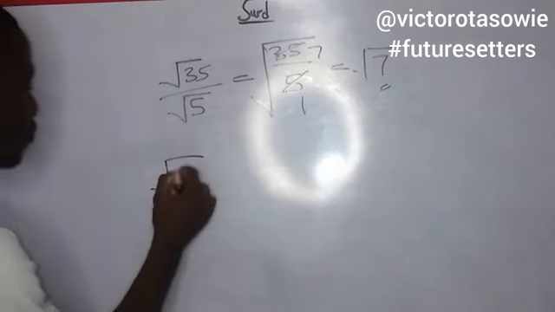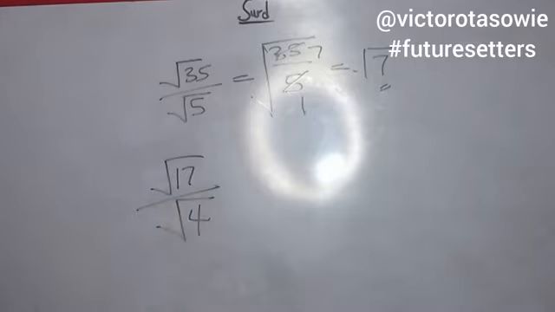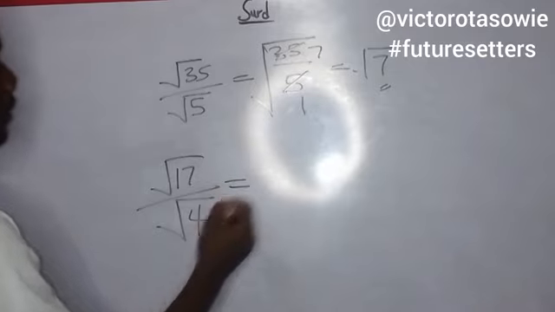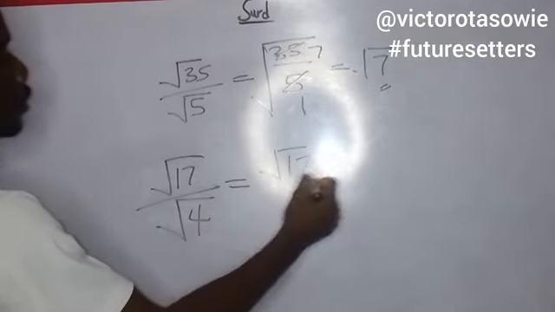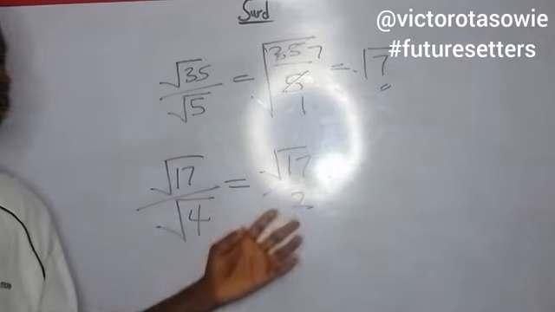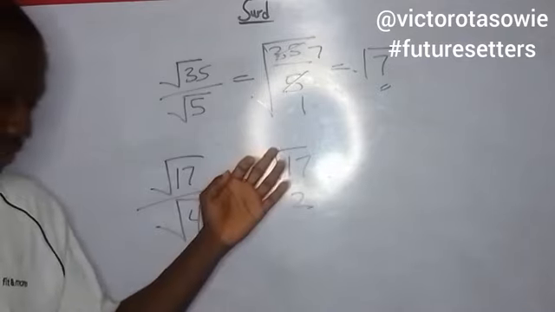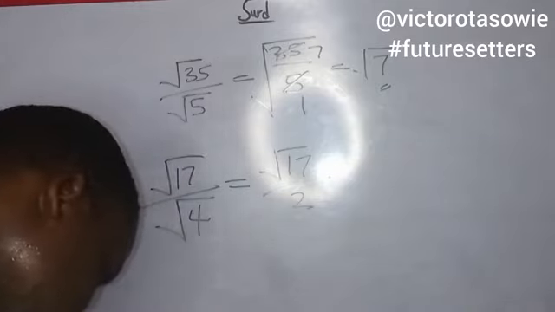We have root 17 over root 4. In this question, we are going to have it in this format, which is root 17. What's the square root of 4? 2. We have root 17 over 2. Root 17 over 2. That is the way to solve this question.